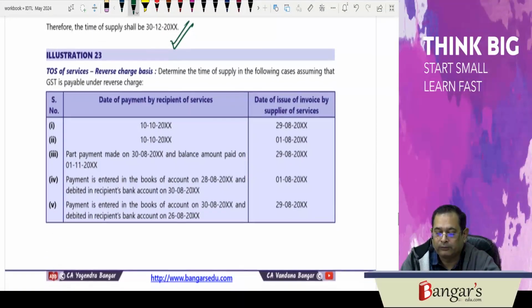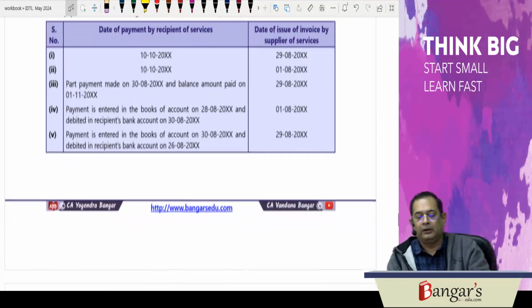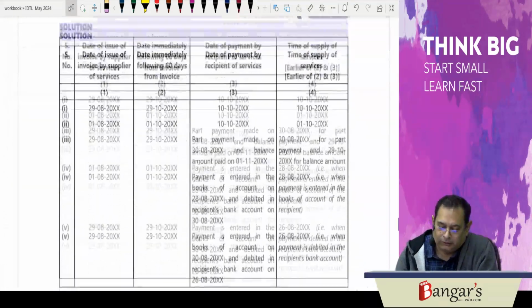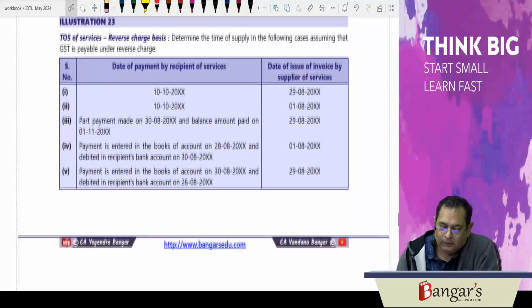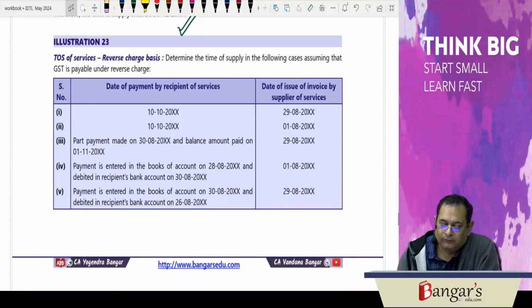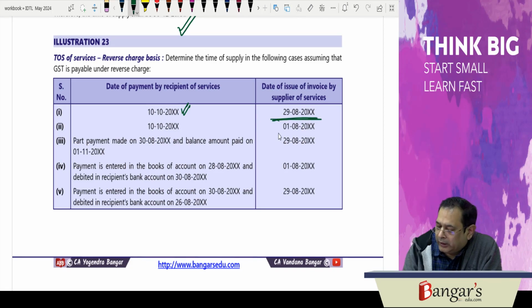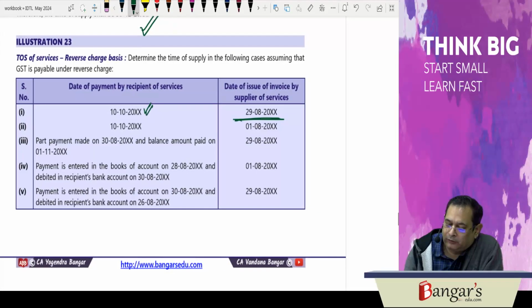Now one more question. Determine the time of supply in these cases, assuming that they are chargeable under RCM. So first is reverse charge basis. Date of payment by recipient of services is 10/12. Date of issue of invoice by the supplier is 29/8. So whether the payment has been made within 60 days from the date of issuance of invoice.